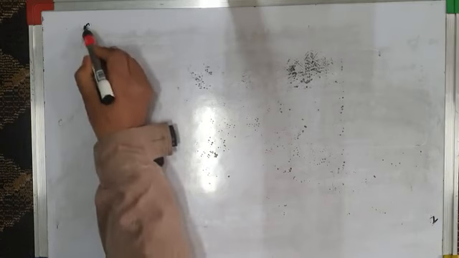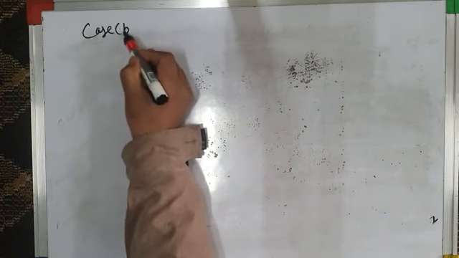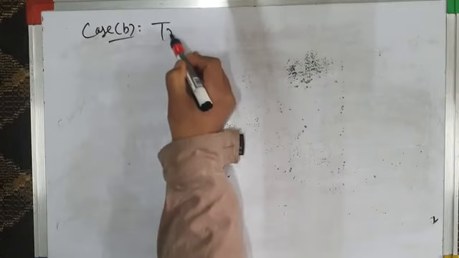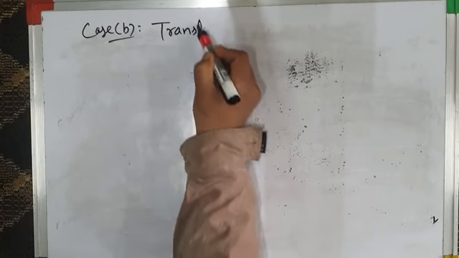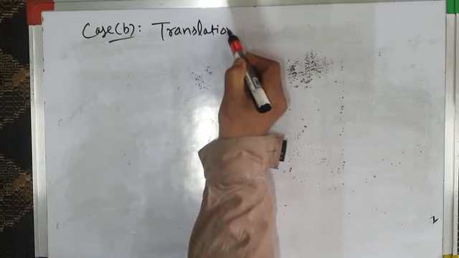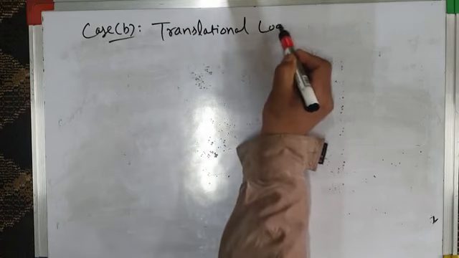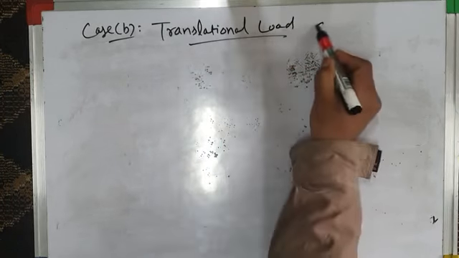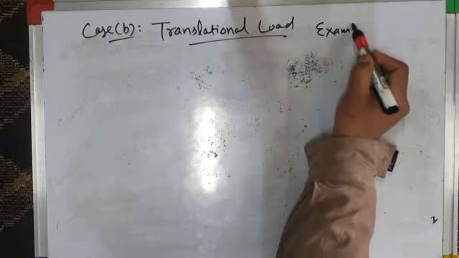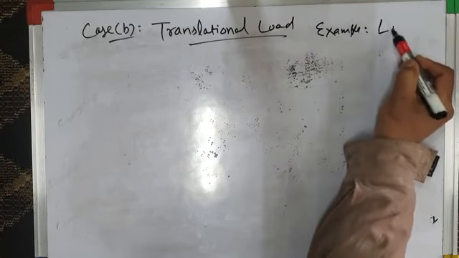Let us quickly go to the second type of load, which is translational load. I will write here case B is for translational load. An example of a translational load is a lift.